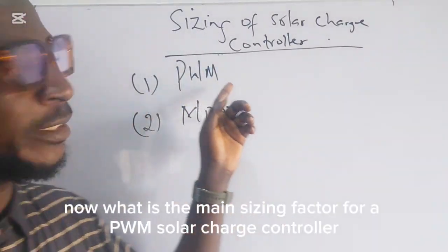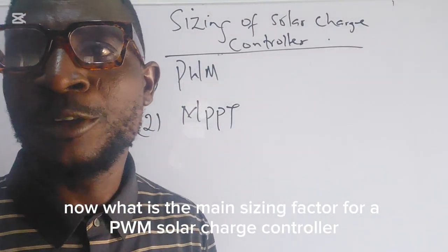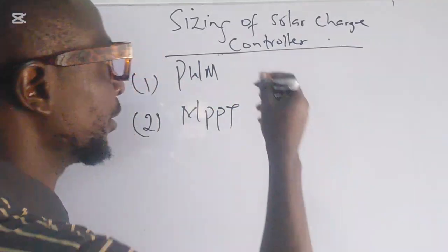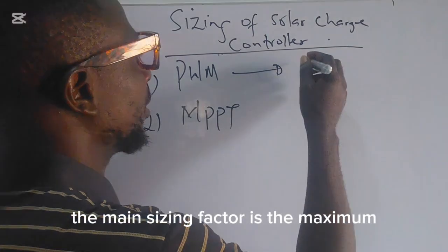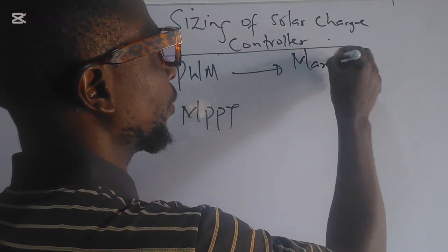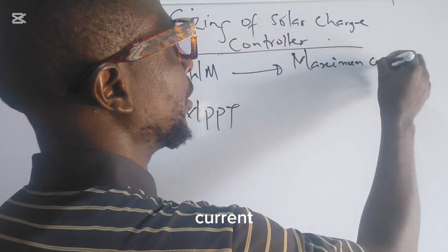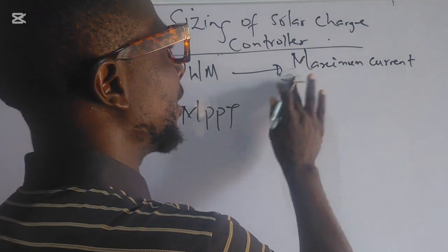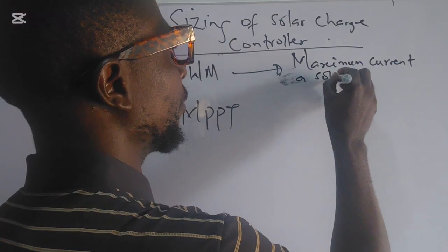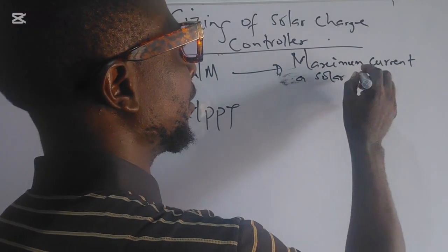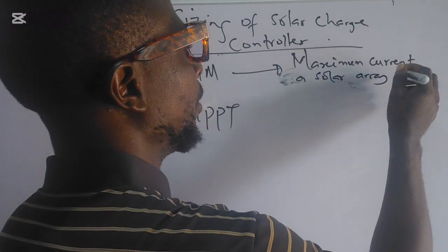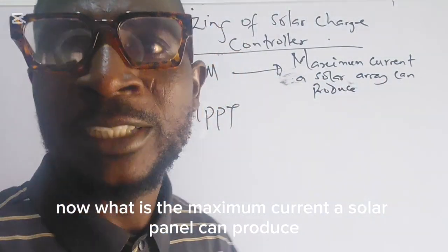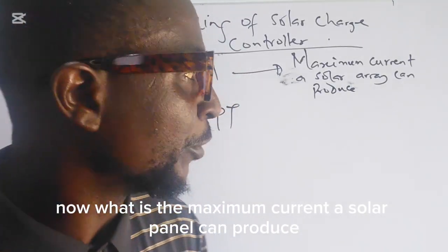Now, what is the main sizing factor for a PWM solar charge controller, which is a pulse width modulation? The main sizing factor is the maximum current a solar array can produce. Now, what is the maximum current a solar array can produce?